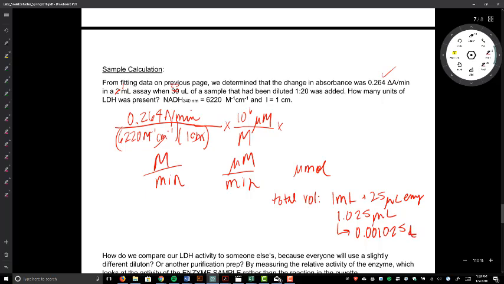We multiply by 0.001025 liters, and that's going to give us 0.044 micromoles per minute, or 0.044 units.